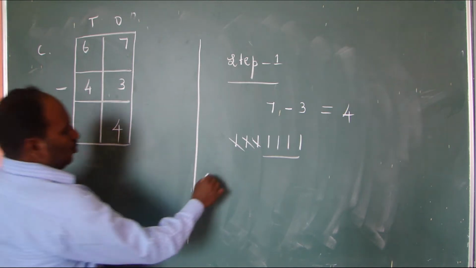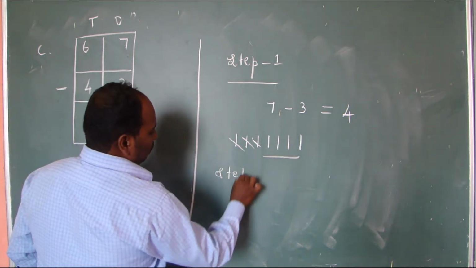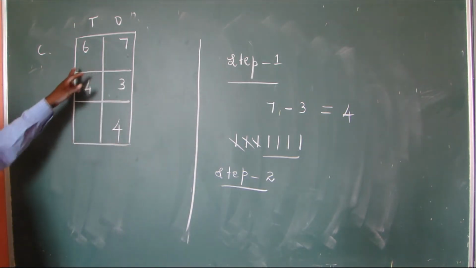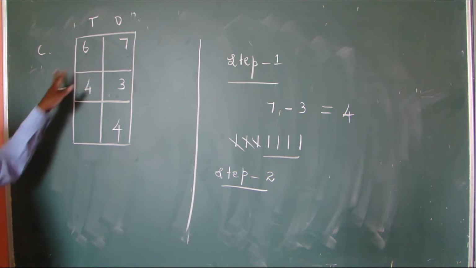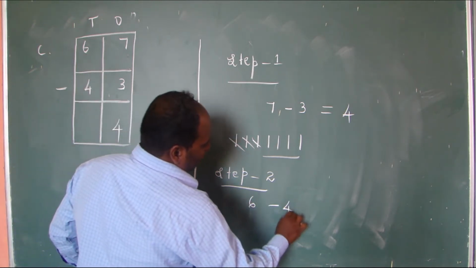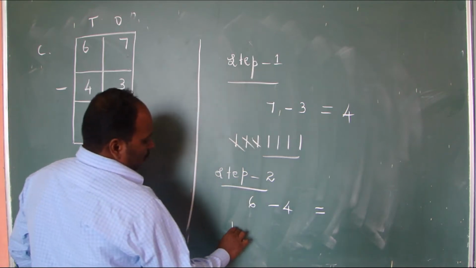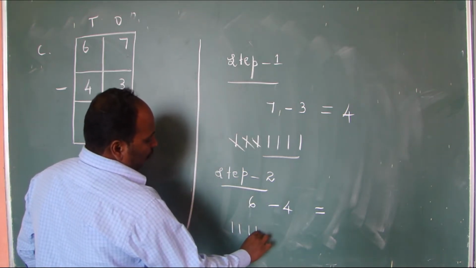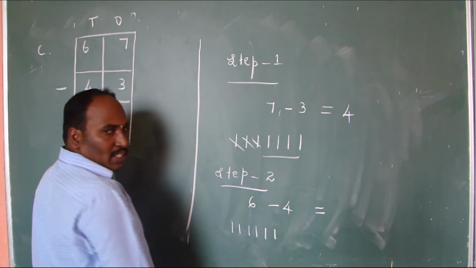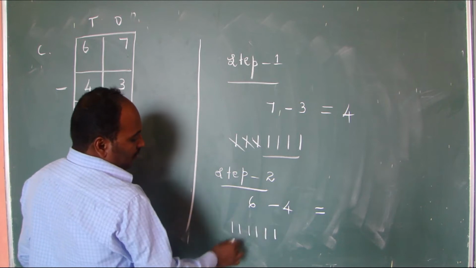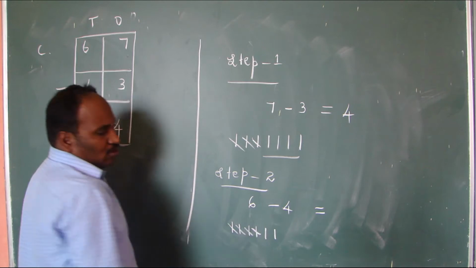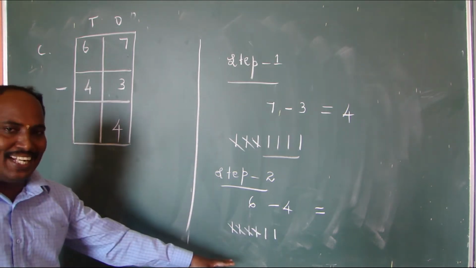The next one, step 2. 6 minus 4. 6 tens minus 4 tens is equal to 6 minus 4. We cancel 4 lines. 1, 2, 3, 4. Remaining lines 2.